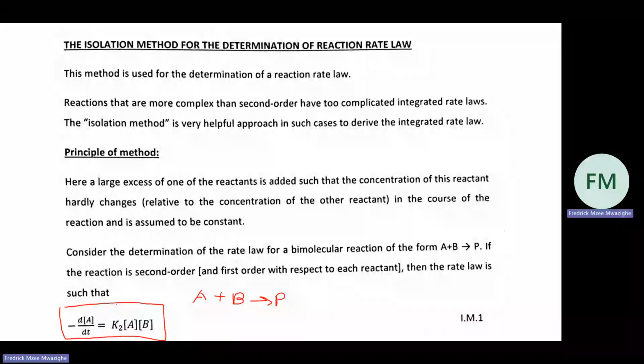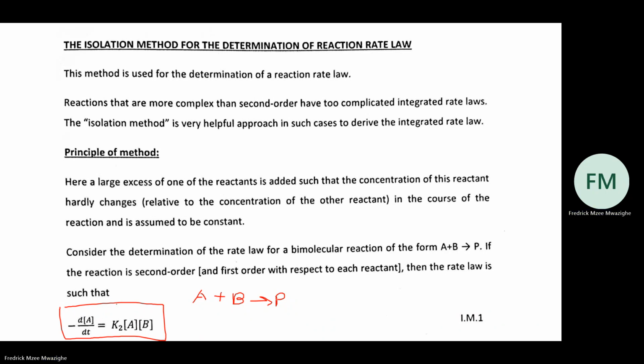So when one is in excess, the other one is in a low concentration. So the order you'll be able to get for that will be the order with respect to the dilute reactant, or the low concentrated reactant. And you can swap between the two to find now the order of the reaction with respect to the other reactant.